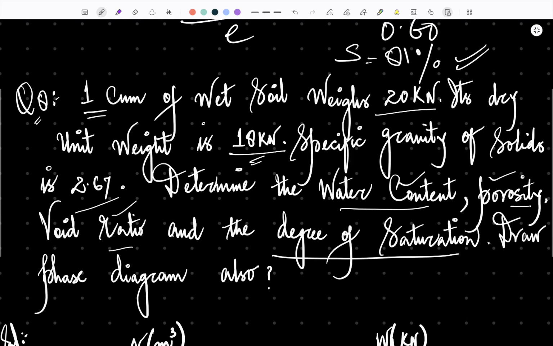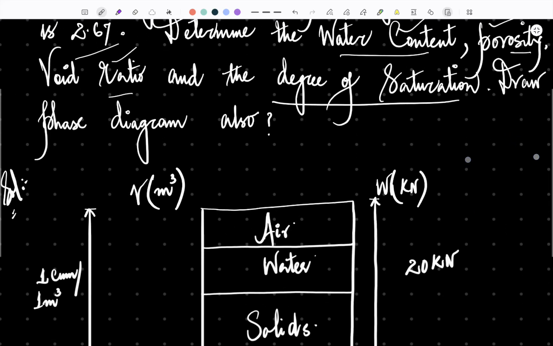Its dry unit weight is 18 kilonewton. Dry unit weight, what does that mean? That means the weight of the soil solids is 18 kilonewtons. Dry unit weight is when all this water phase is gone, air phase is gone. We're only left with the soil solids phase. Will represent the same on the phase diagram, from the weight side.